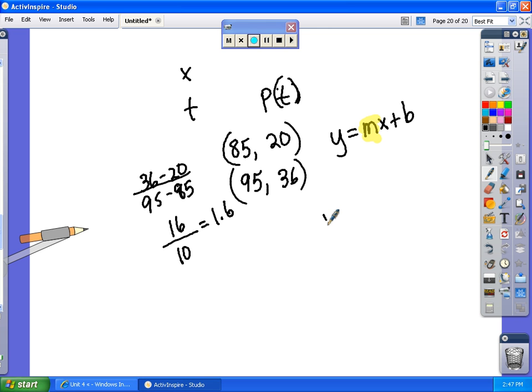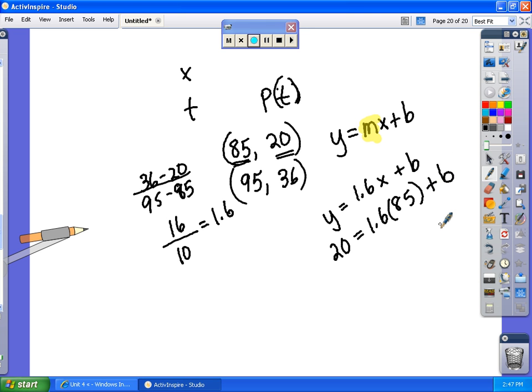So now I have y equals 1 6/10 x plus b. Since I have a point right here, I'm going to plug in the information I know. 20 equals 1 6/10 times 85 plus b. And then I'm going to multiply 1.6 times 85 and get 136 plus b is equal to 20.